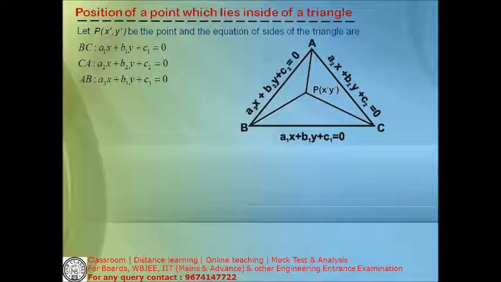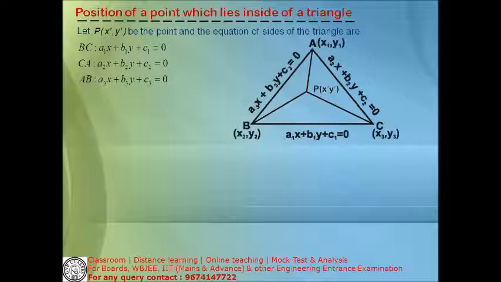So when we solve AB and AC, we get A. When we solve AB and BC, we get B. And when we solve BC and AC, we get C. Let us assume, for simplicity, that solving AB and AC gives the coordinates of A as x1, y1, the coordinates of B as x2, y2, and the coordinates of C as x3, y3.